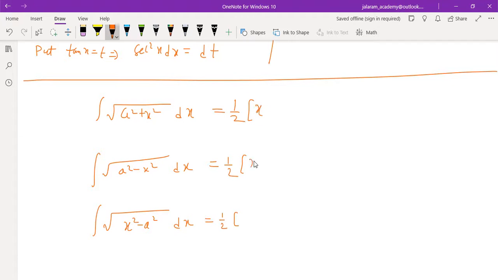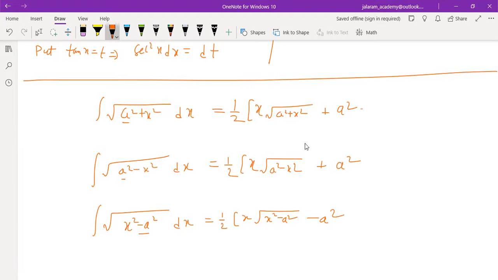Then we write x, x, x. All these have x. And then the integrand: root a square plus x square in this, root a square minus x square in this, root x square minus a square. Then plus a square is there in this, plus a square in this, and it is minus a square as a square is negative.